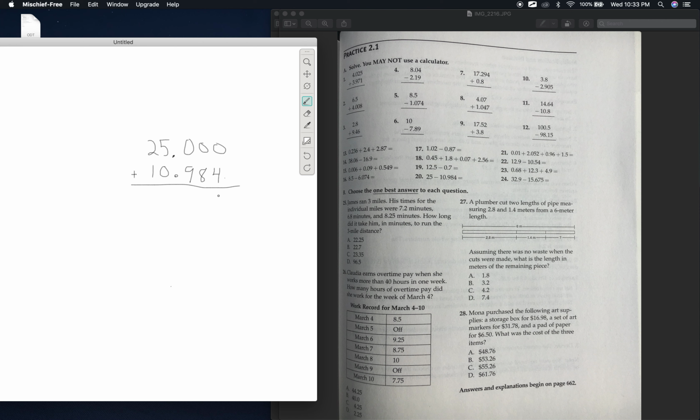0 plus 4 is 4. 0 plus 8 is 8. Let me fix that 4 a little. 0 plus 9 is 9. Then put the decimal point. 5 plus 0 is 5. You know what? Sorry guys, this was not addition.